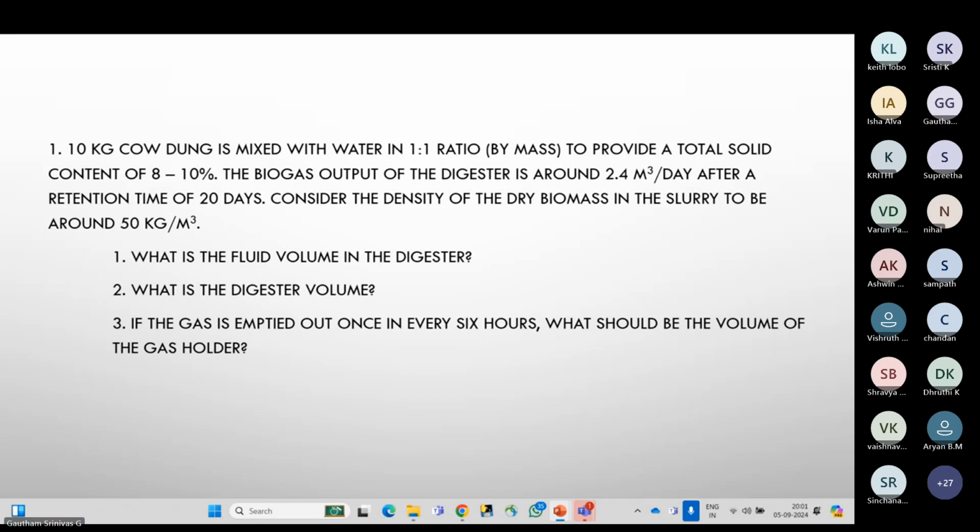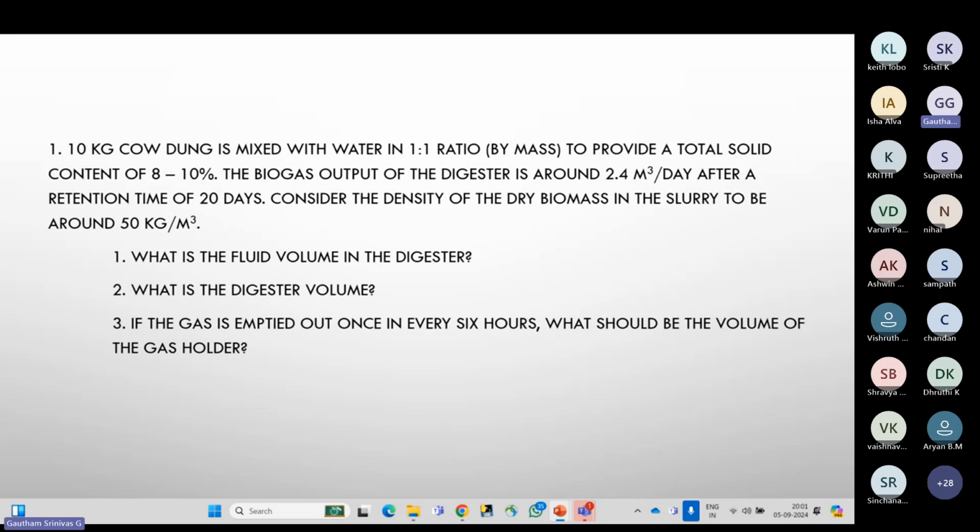So 20 kg by 50 kg per meter cube will give us the value 2 by 5, 0.4 meter cube. Yes. That's right.